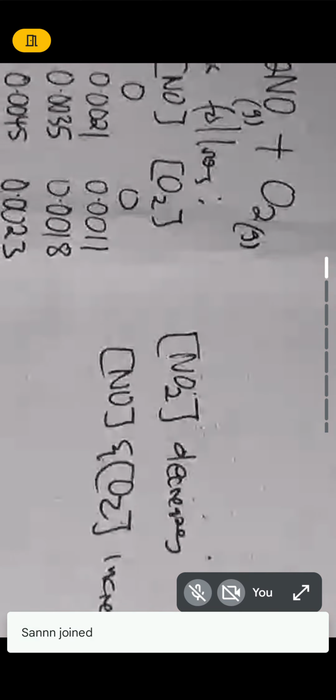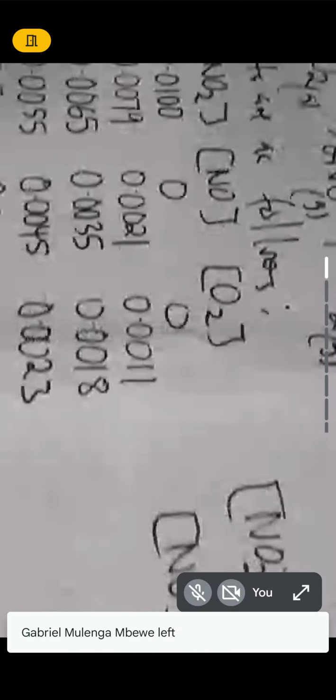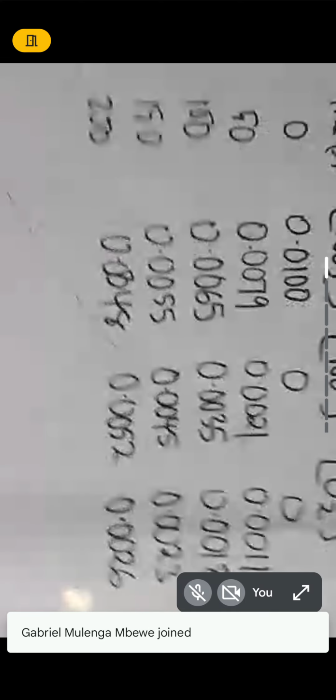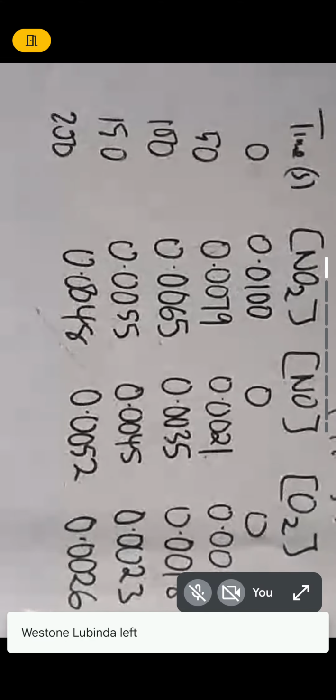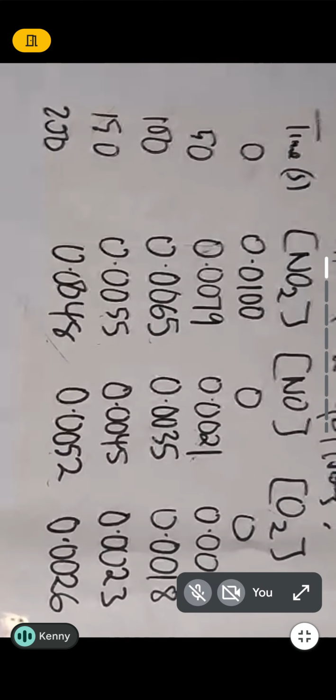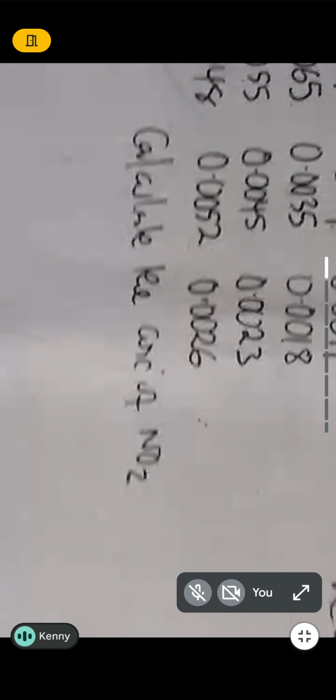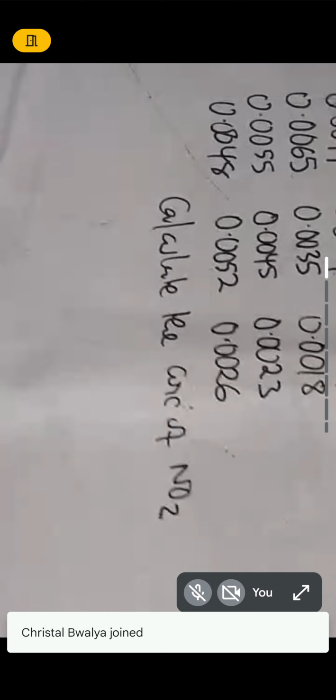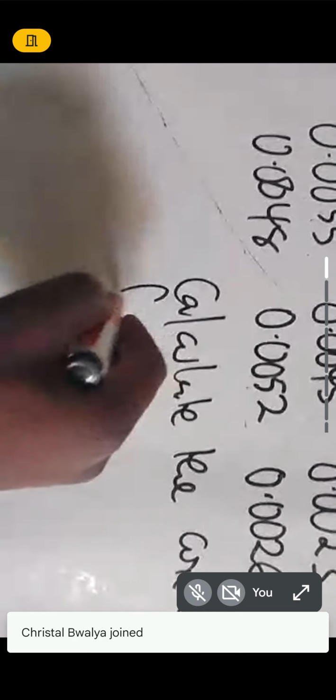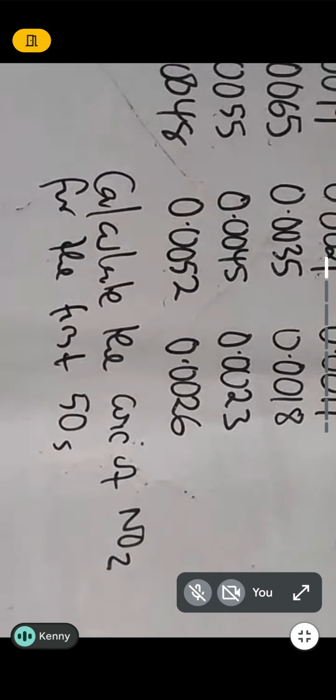So now we can calculate from these values that we have. Let's calculate the rate of nitrogen dioxide for the first 50 seconds.